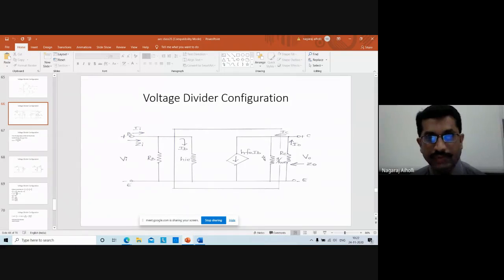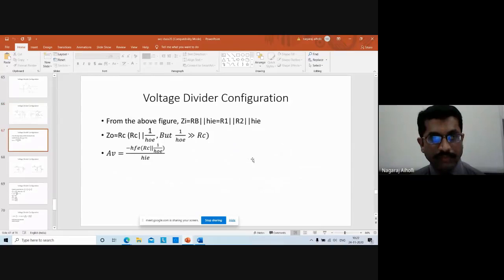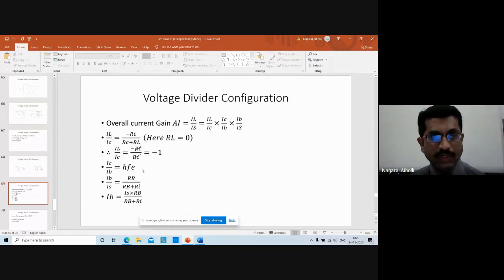In the re model we write it as beta, whereas in the hybrid model we write it as HFE. Therefore, IC by IB is equal to HFE.